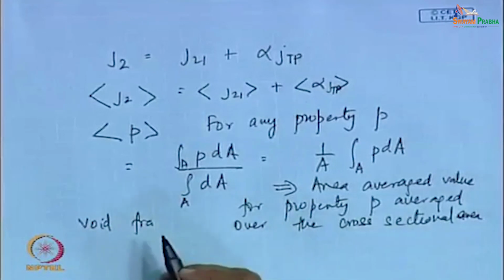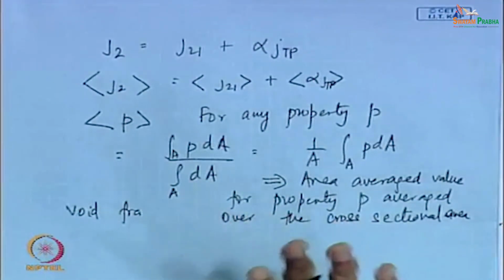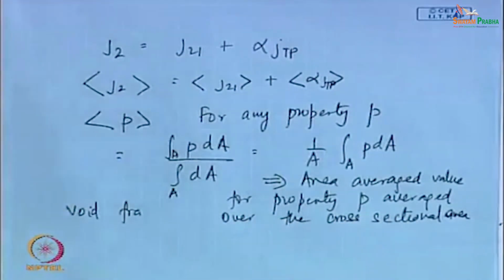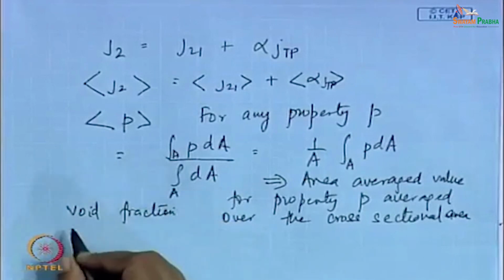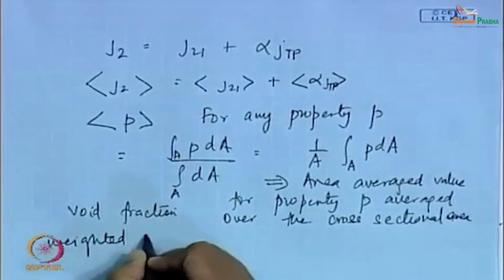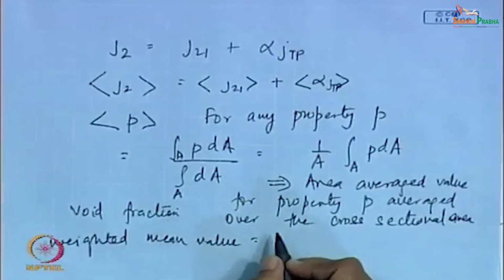And when we are having two phases, both the phases do not occupy the entire cross sectional area. Say phase 1 occupies A1 part of the area, phase 2 occupies A2 part of the area. Under that condition, there is one additional definition, which is the void fraction weighted mean value, meaning it is weighted against the void fraction.